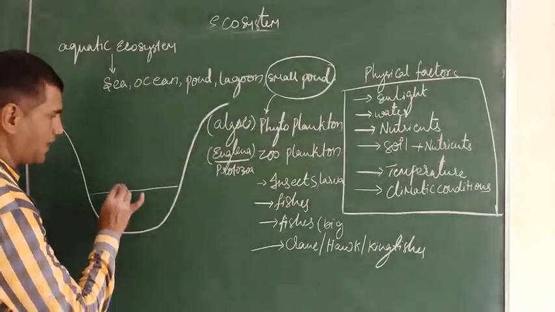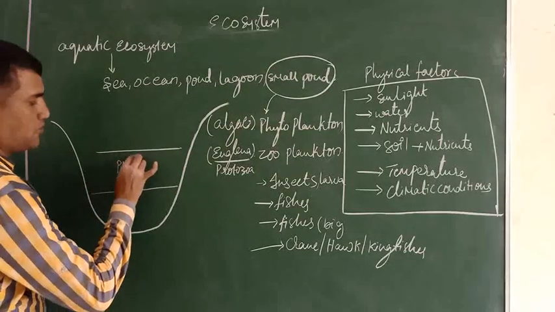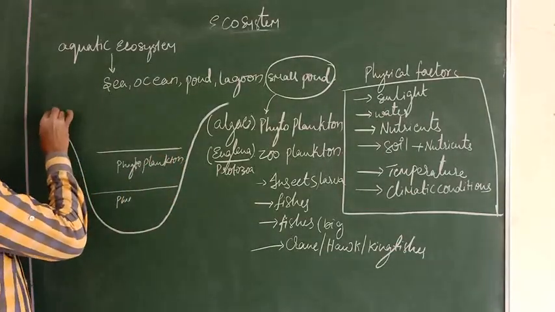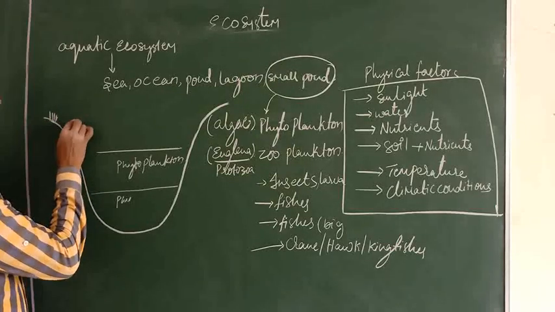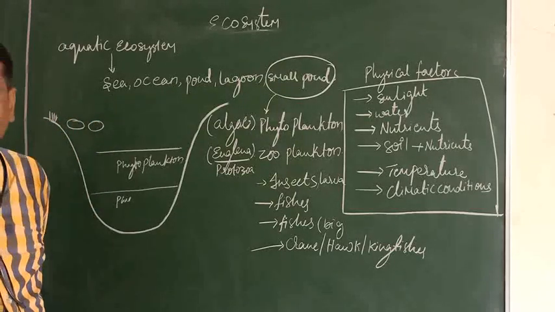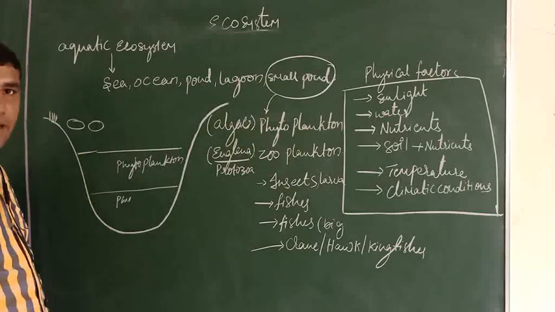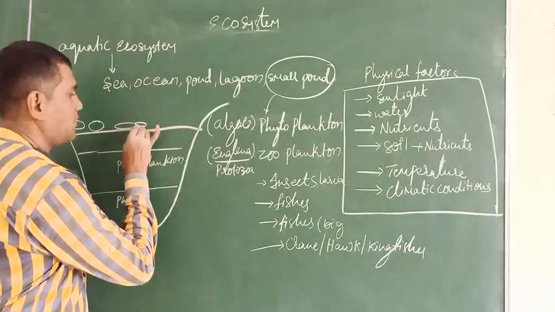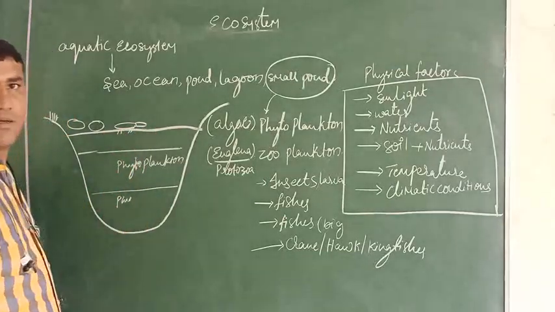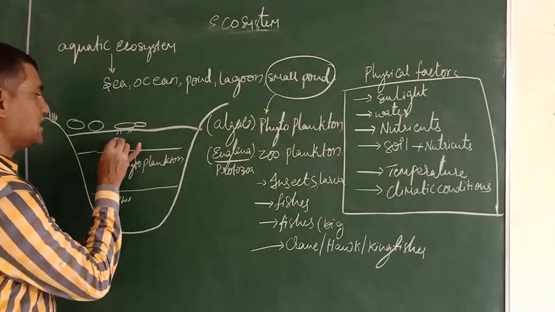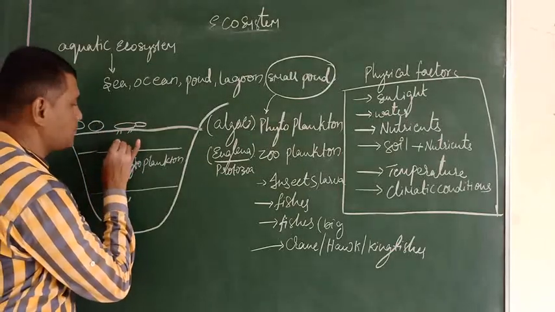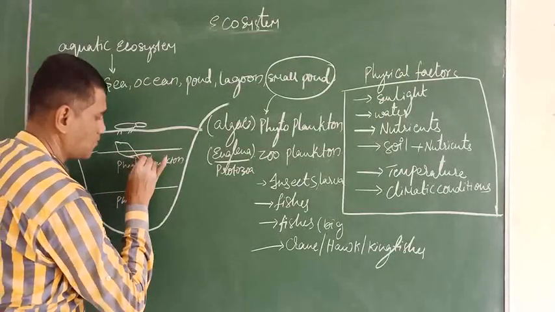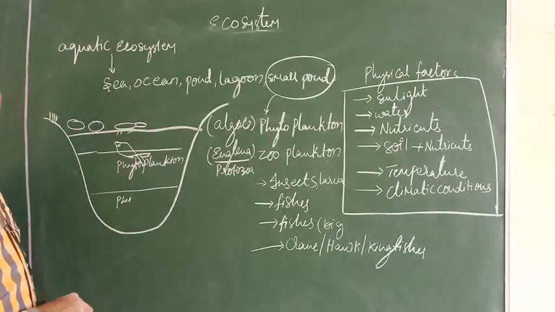There are certain marshy plants at the edge and certain floating plants on the top, and along with that the pond skaters, the insects swimming on the top, and the fishes, mostly small fishes in the middle.